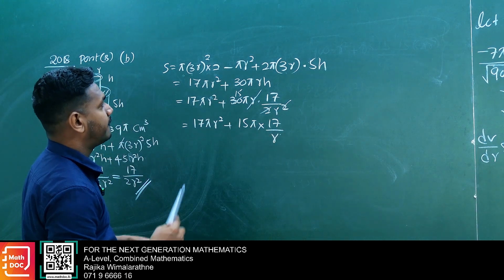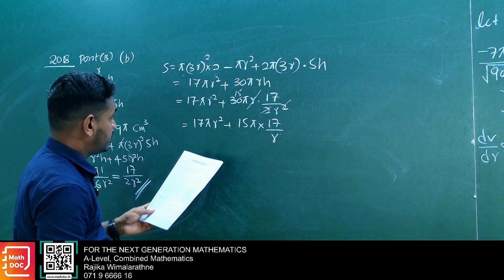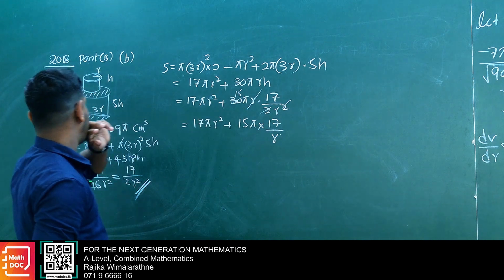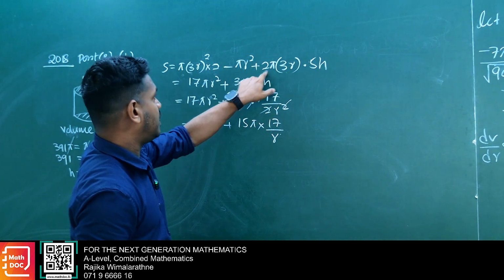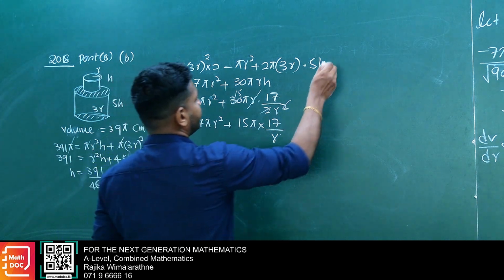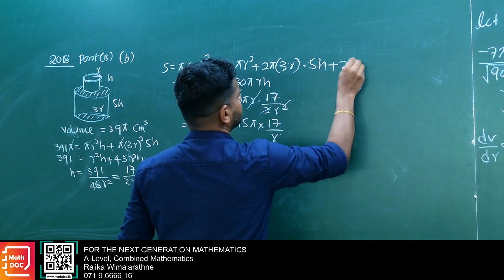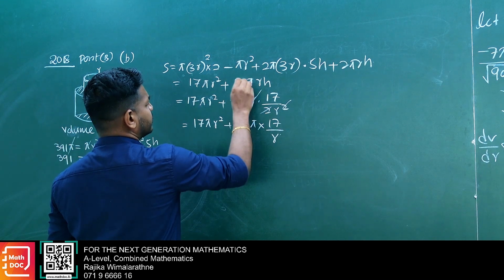Something wrong, no? The 17 part is okay. Here surface area 2 pi r, there's another one. Here 2 pi r h.